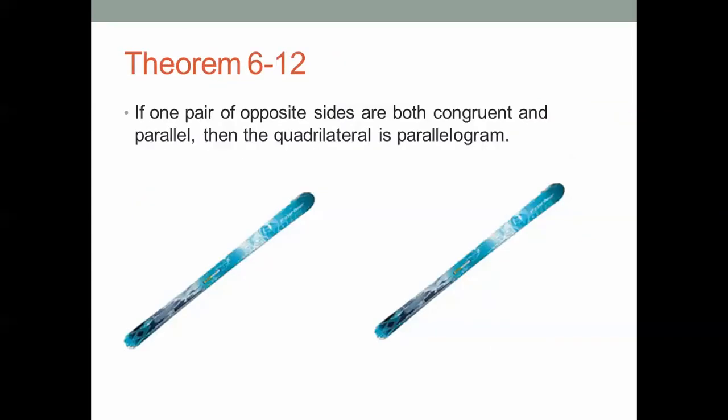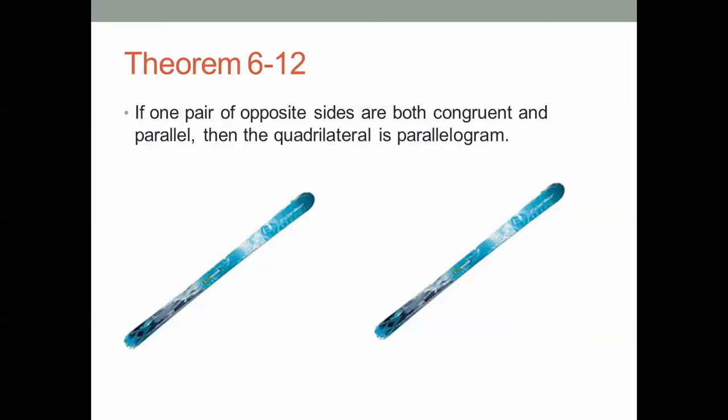Alright, so there's one more property in this section for a parallelogram, or one other way that we can prove that something is a parallelogram. And it says this: if one pair of opposite sides are both congruent and parallel, then the quadrilateral is a parallelogram. Well, here I have a picture of two skis. They're obviously the same length because they're the same ski.